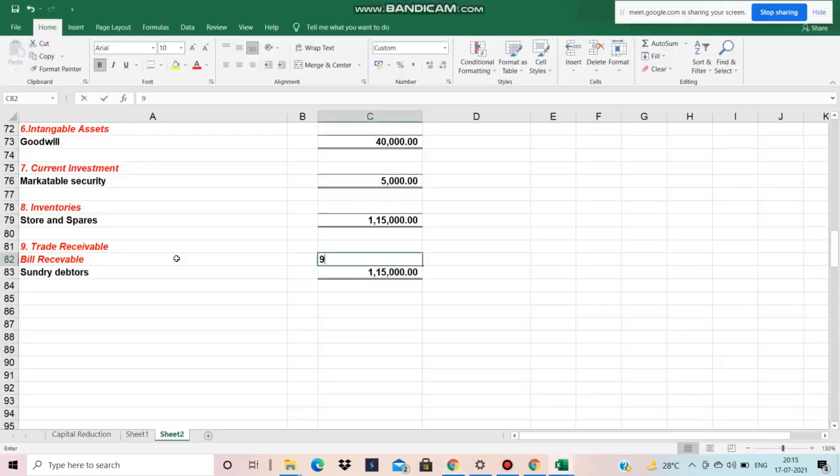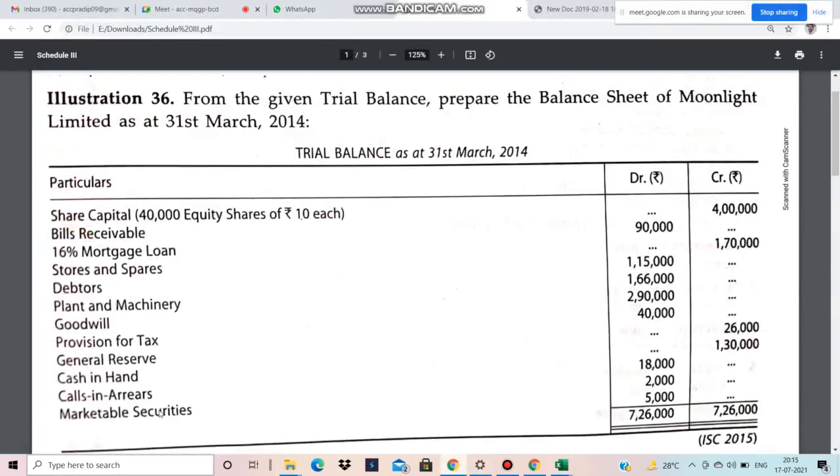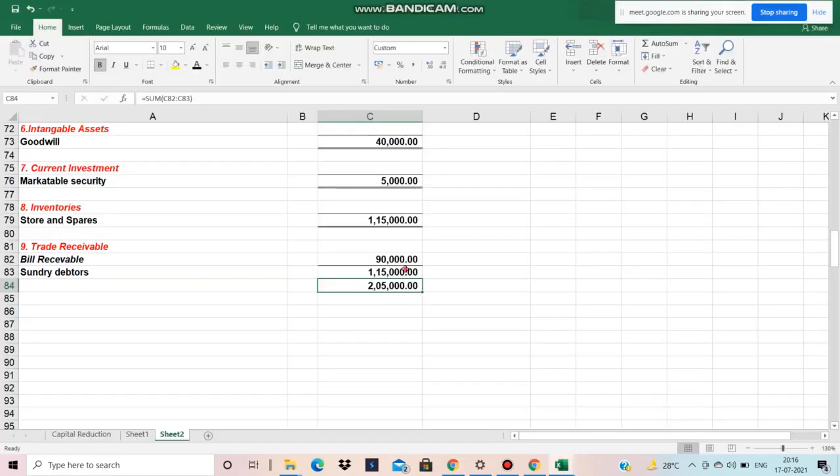Bills receivable is 90,000, and the sundry debtors, so altogether the total is 2,05,000. Okay, sorry, debtors is 1,66,000.